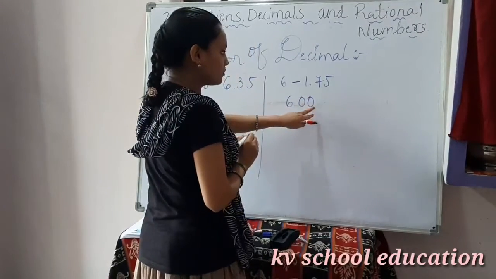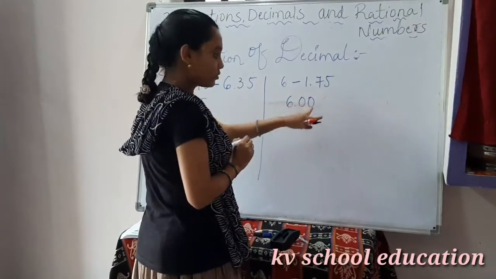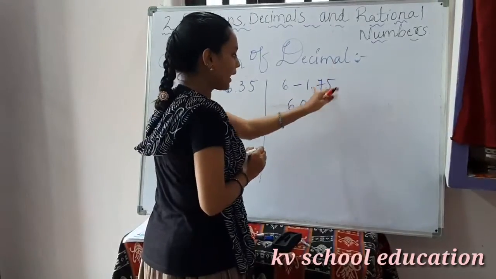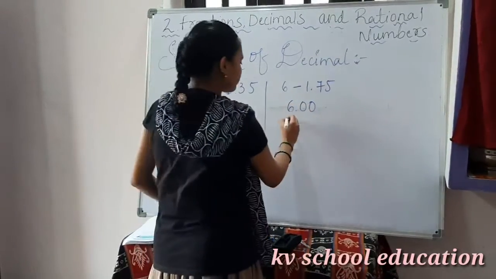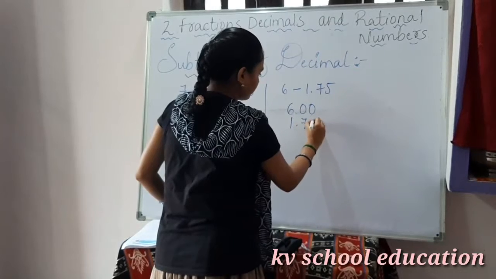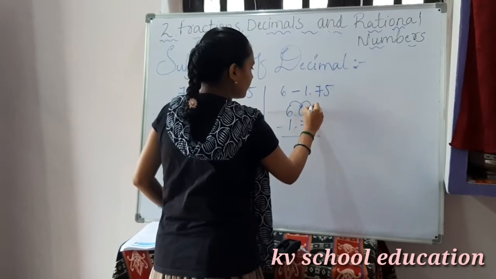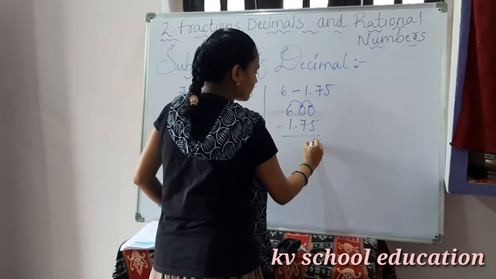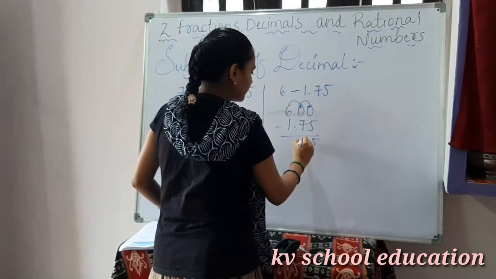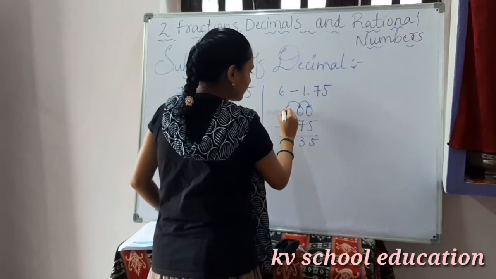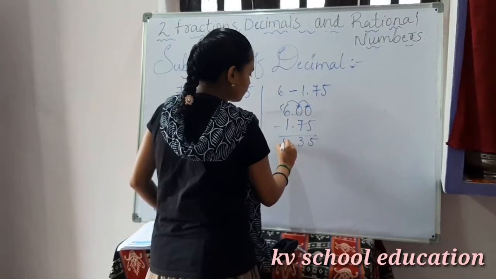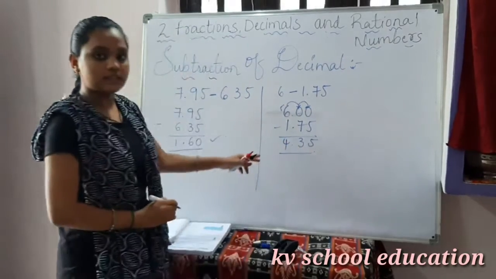I took 2 zeros because here there are 2 digits. If there is only 1 digit, 7, I will take 6.0. So 6.00 minus 1.75. We should borrow. Here it is 10, 10 minus 5 is 5. And 9 minus 7 is 2. And here 5 minus 1 is 4. This is the answer.